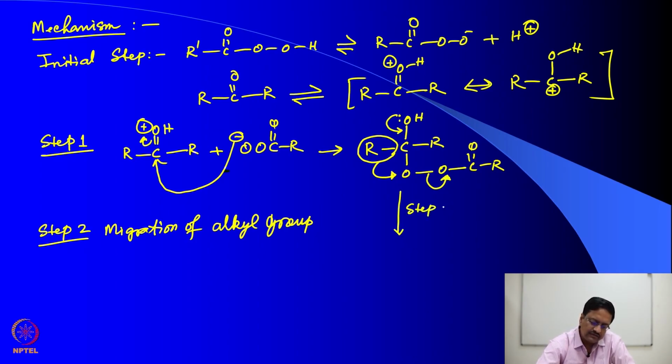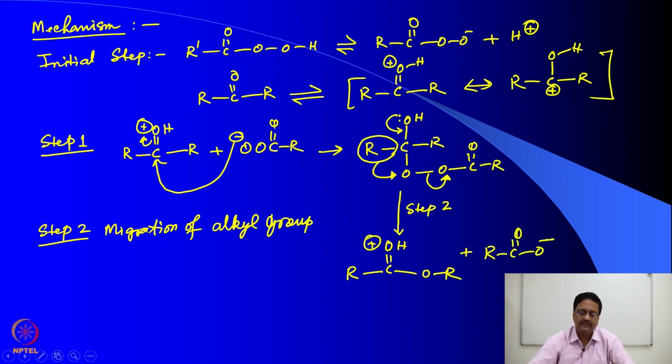So, in step 2, the product is this one with the anion of the peroxy acid.